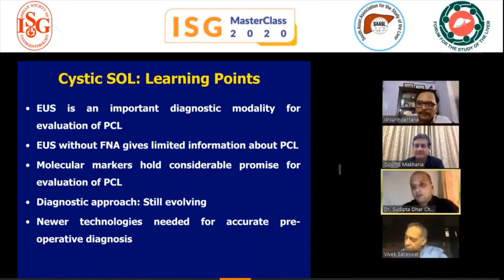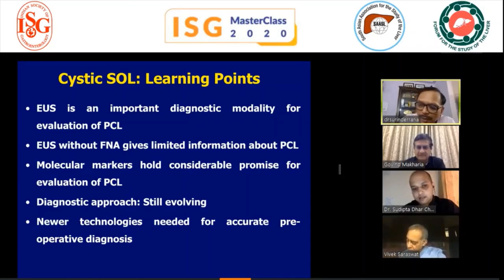And is there a role for pancreatoscopy or spyglass in the diagnosis of cystic lesions of the pancreas, especially IPMN? I think it's a very good question. Pancreatoscopy is quite helpful in patients with main duct IPMN, where you can go inside, sample the pancreatic juice, and look for cells. You can even biopsy the pancreatic duct and look for IPMN. But there is no head-to-head study which has compared pancreatoscopy with a properly done EUS.